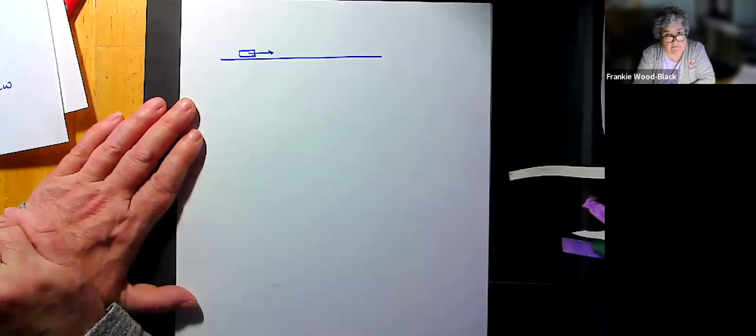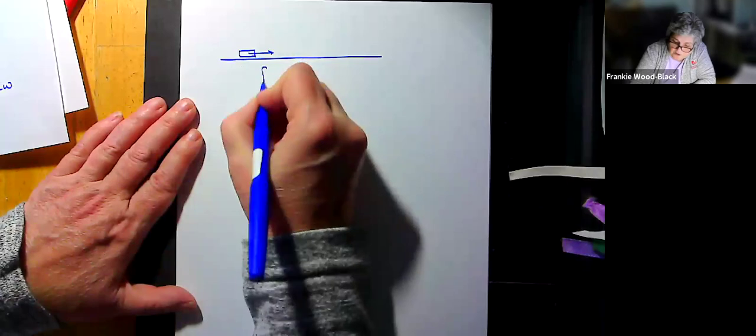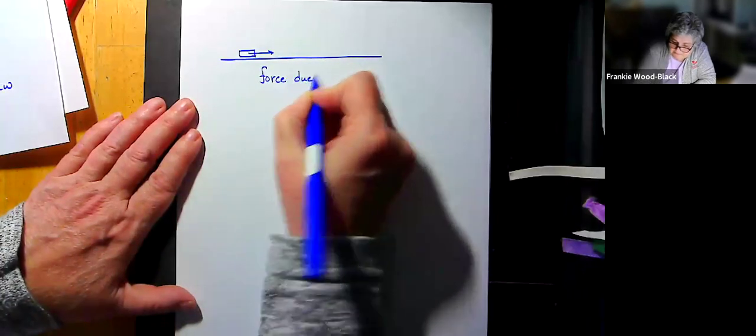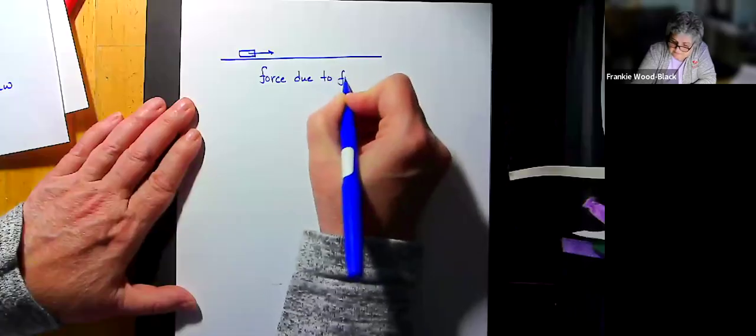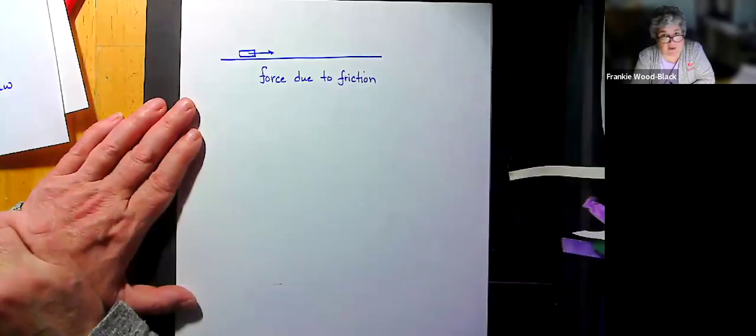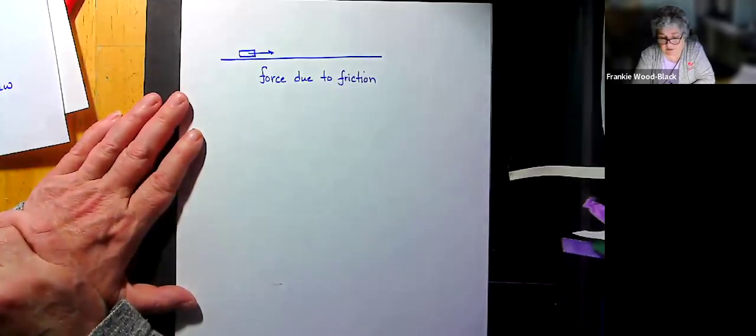Why? Because there's another force that's being applied, and that's the force due to friction. And friction forces are very important. We can't walk across a floor without a force due to friction.